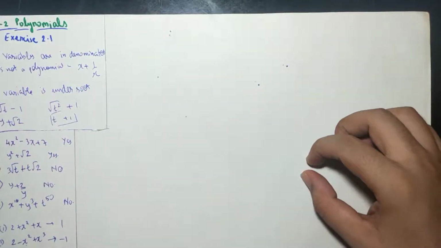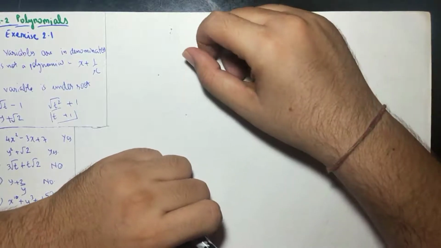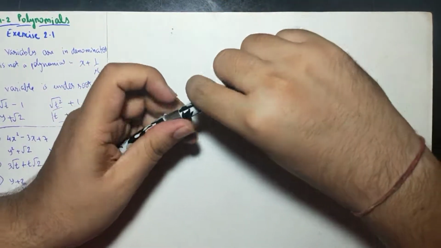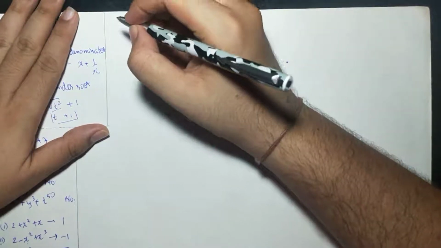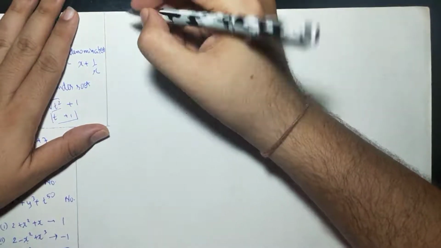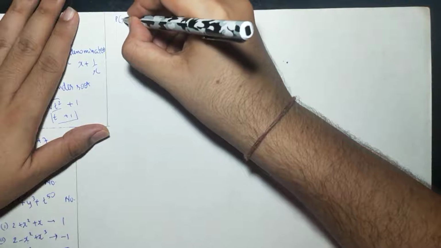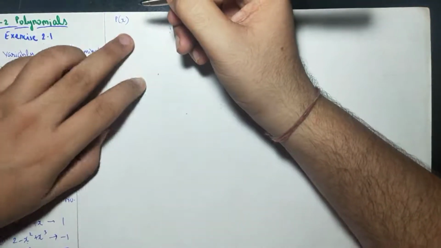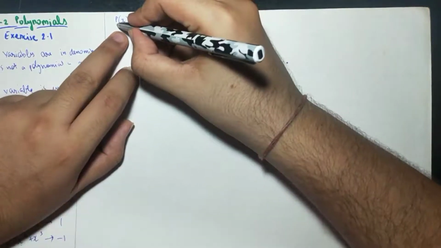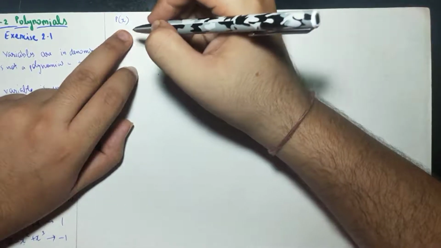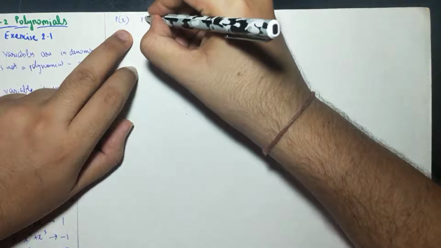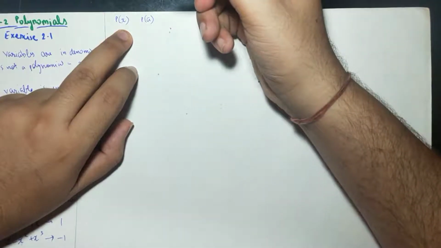Before starting exercise 2.2, two things are to be taken care of. One is a polynomial. The polynomial in general form is denoted by p of x. P of x means there is a polynomial p and the variable of that polynomial is x. If you are using another variable, suppose a, you will write p of a.